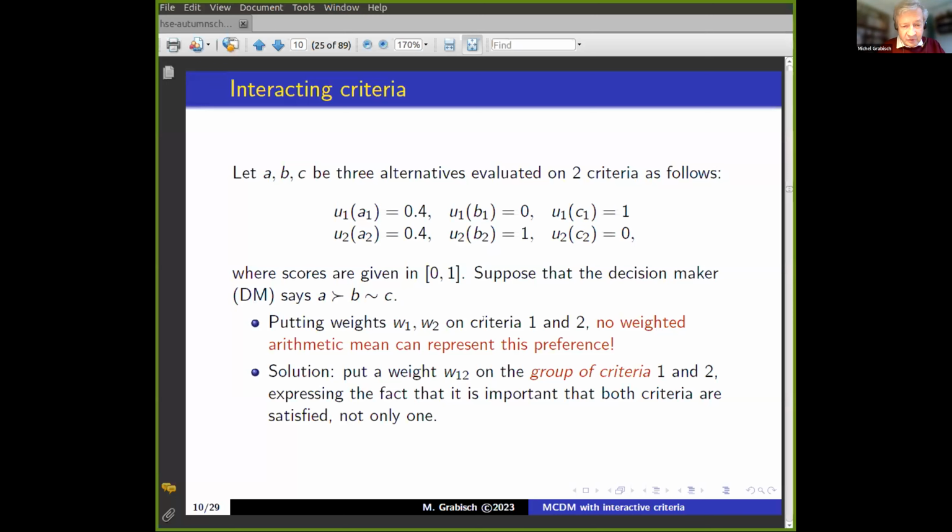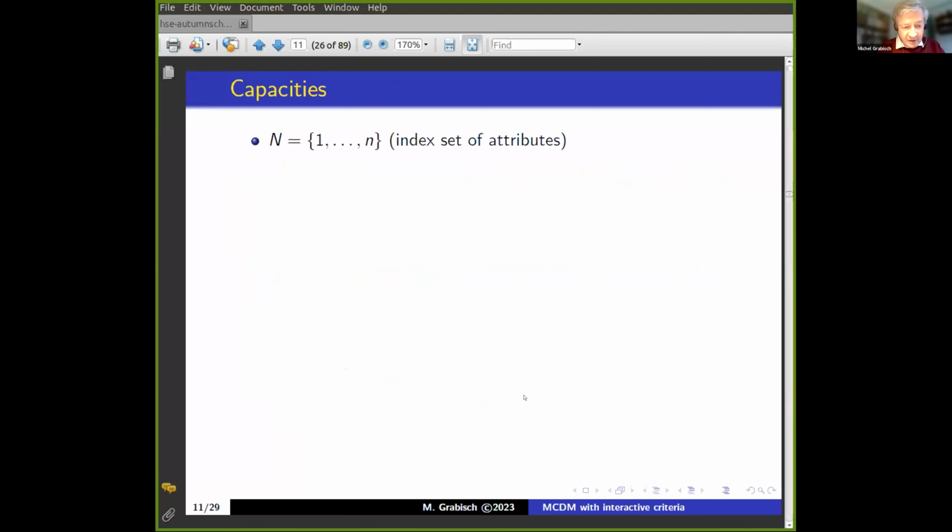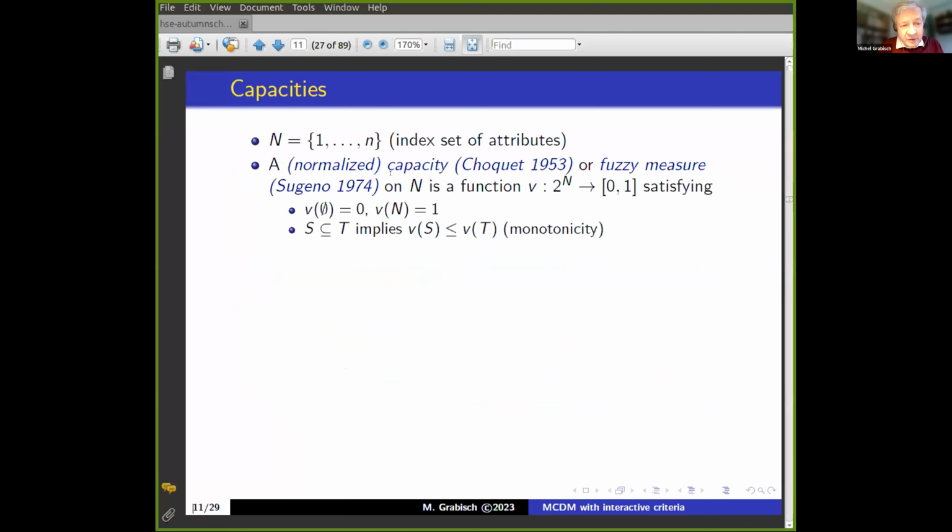And in fact, what you will do is exactly this, but in a very general way. So let's now introduce things formally. Again, I remind you that capital N represents the set of attributes, just the index set. And now you define a capacity on N. So what is a capacity?